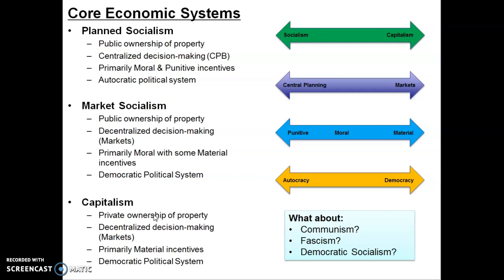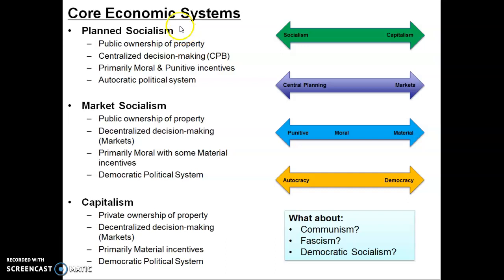Okay, now that we have the four broad institutions of property rights, decision-making, public choices, and incentives, we can look at the core economic systems. Remember, economic systems are just composites of institutions, and countries tend to gravitate towards certain economic systems.